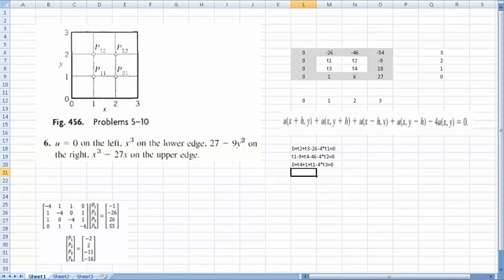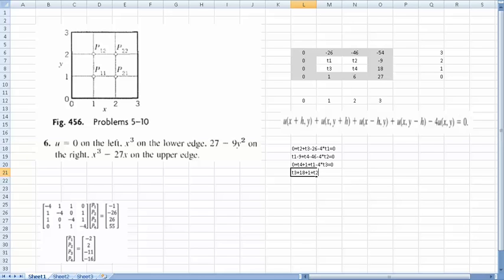And then finally, my T4 equation, centered on T4, is neighbor to the left, T3, plus 18, that's neighbor to the right, plus, sorry, plus T2.